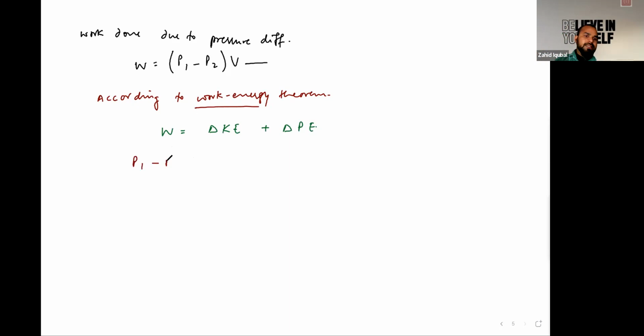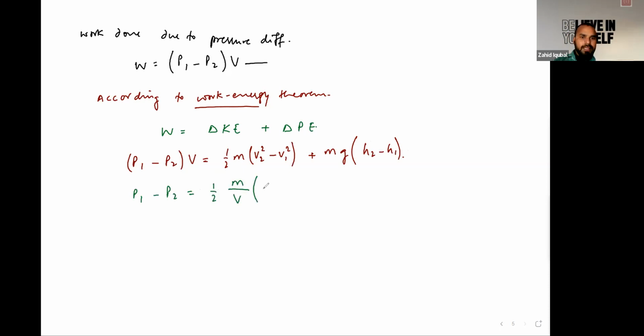Now substitute work done as P1 minus P2 multiplied by volume. Kinetic energy is half m (V2 square minus V1 square). Potential energy is mg (H2 minus H1). Move this volume to the right side. So we'll get P1 minus P2 equals half mass divided by volume times (V2 square minus V1 square) plus mass divided by volume times gravity times (H2 minus H1). Is it clear?